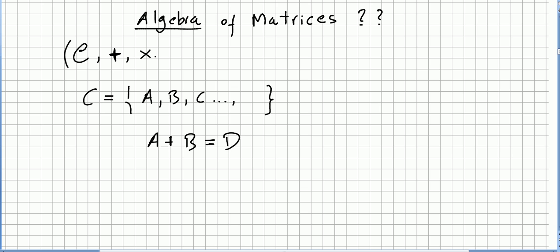not only closed under the operation of matrix addition, but also of scalar multiplication, meaning I pick these matrices, I pick scalars from a field, and every time I multiply one matrix by a scalar, this one is still inside this C here.